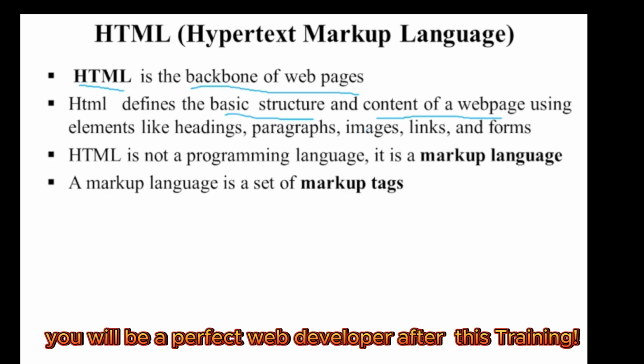It uses all these elements to define the structure and the content of our web page. You have to know this one. HTML is not a programming language. It is a markup language. Markup language means a collection of different markup tags.